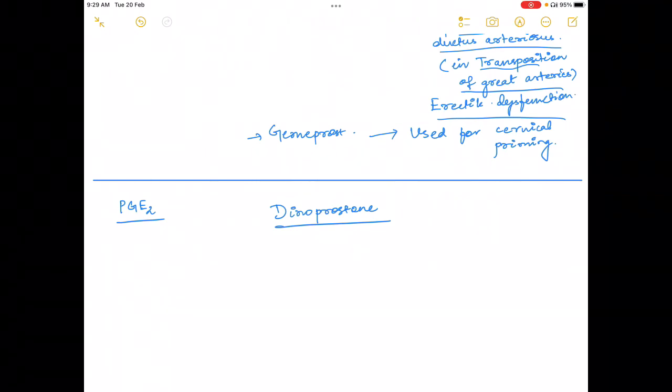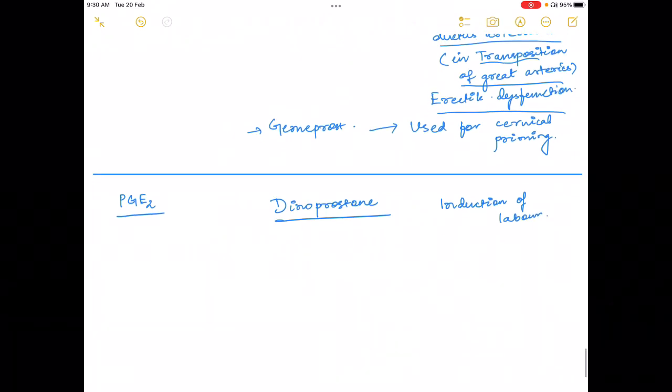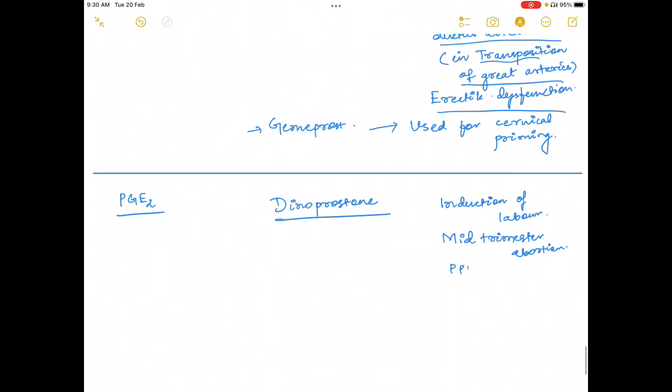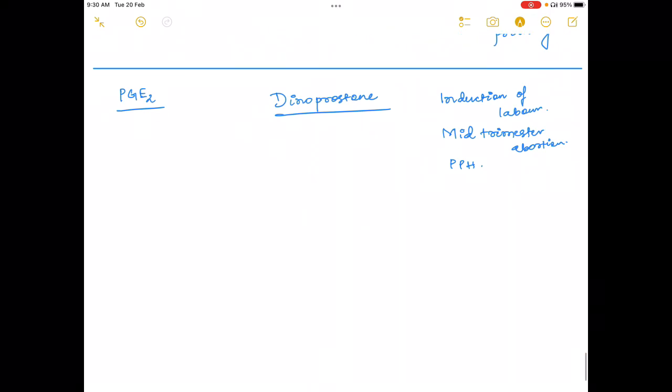It is used in induction of labor, mid-term abortion, mid-trimester abortion. It is also used in postpartum hemorrhage.